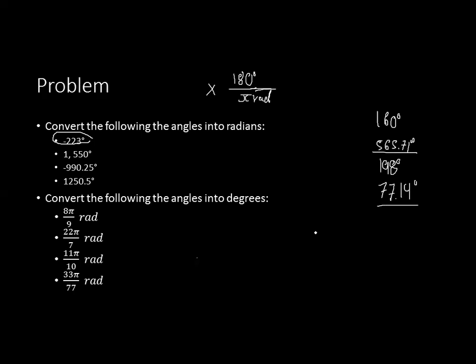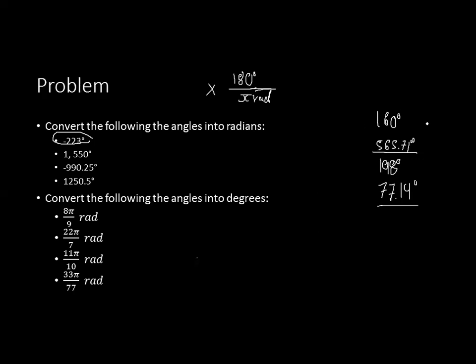Like for example, let's just say 22 degrees all over 3. For me, I think that it doesn't really exist that way, although it's correct. But I think it's better to convert it into a decimal number instead of a fraction.